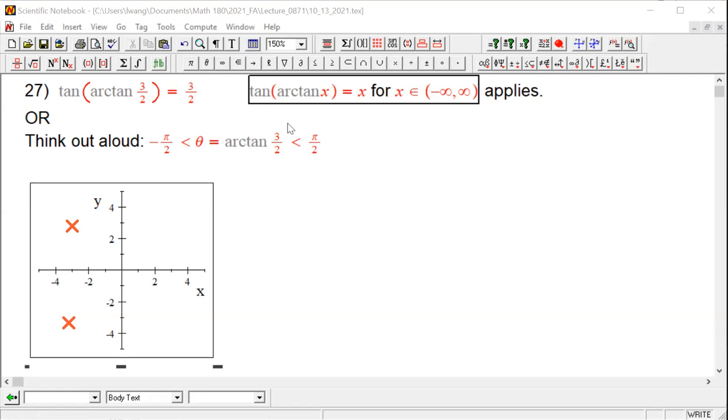Because the range is between -π/2 and π/2. With that said, when you take the tangent, if you know this angle is between -π/2 and π/2, you're taking a tangent of an angle that terminates in either the first quadrant or the fourth quadrant.